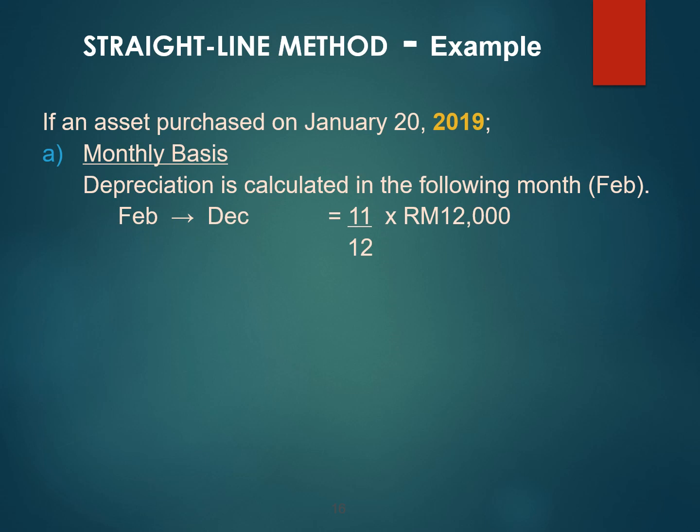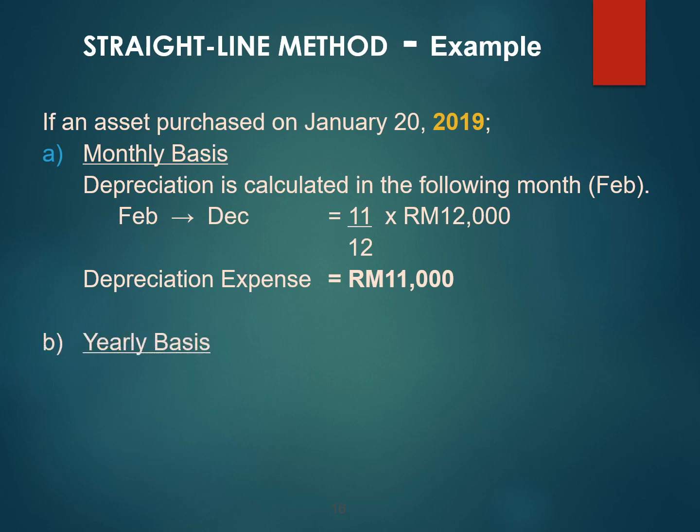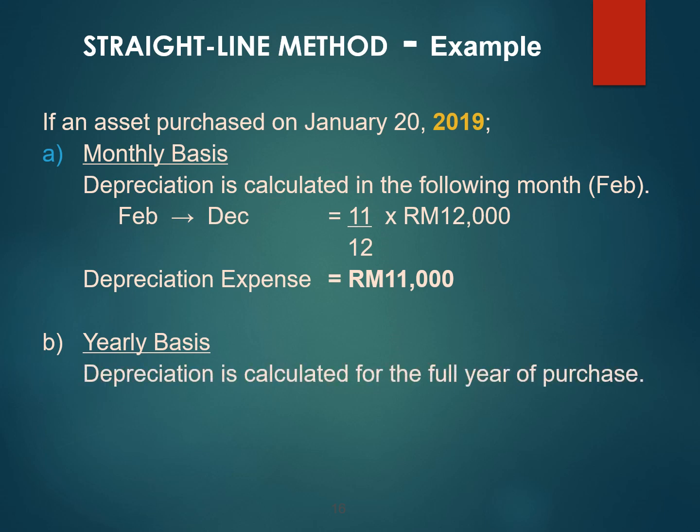So, only 11 months from that year. So depreciation expense is 11,000, whereas in yearly basis, depreciation is calculated for the full year of purchase. So the depreciation expense is 12,000. The difference amount 1,000 ringgit because of the basis using in calculating the depreciation.